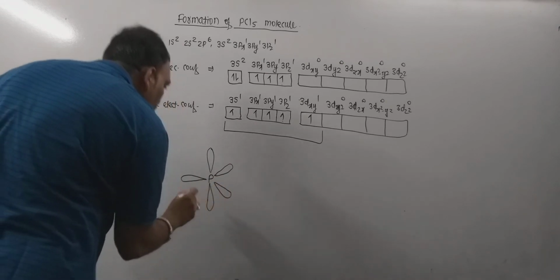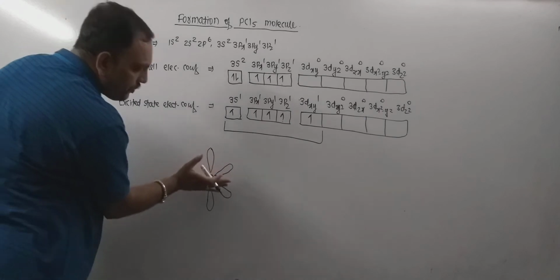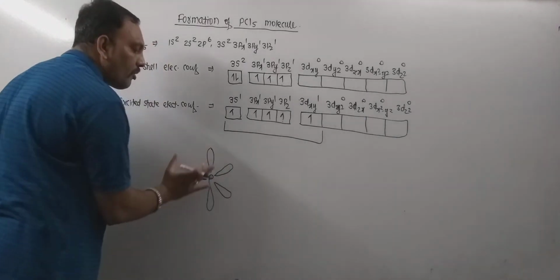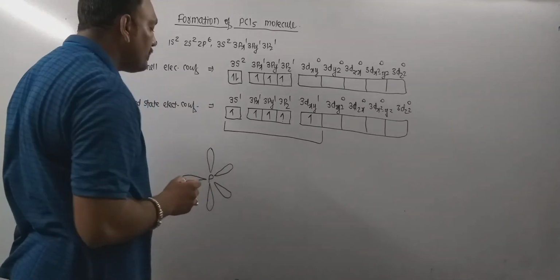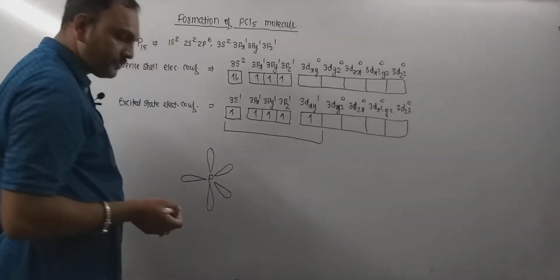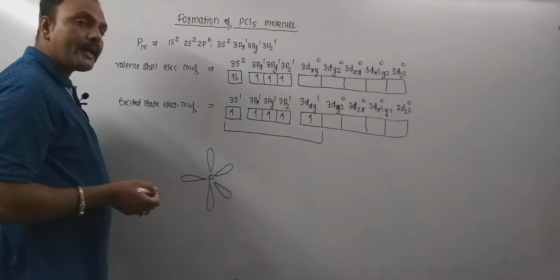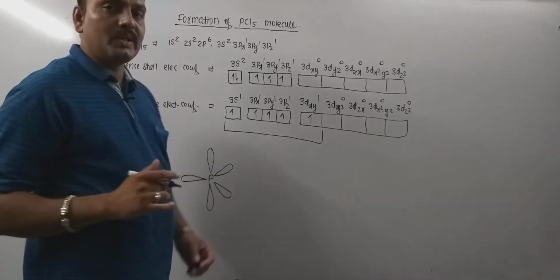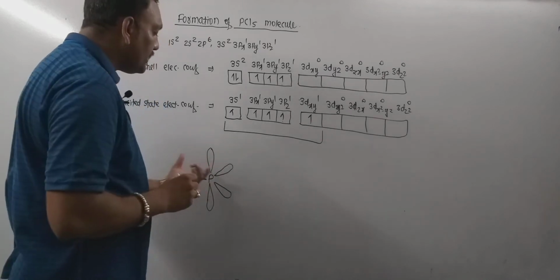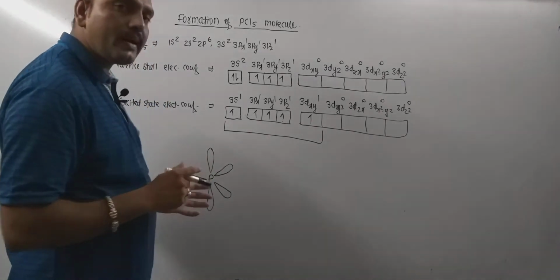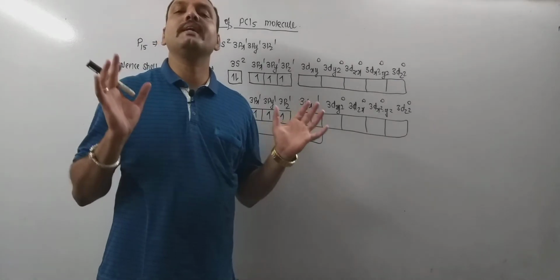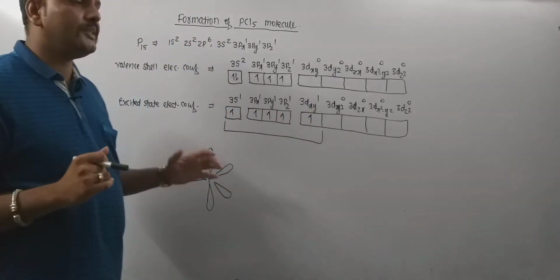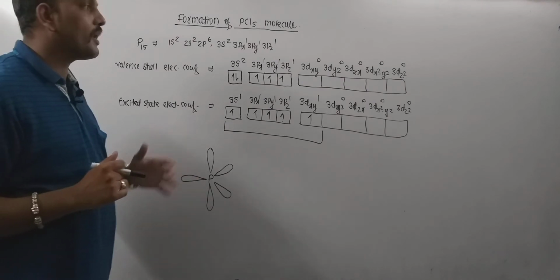One hybrid is above this plane and another hybrid is below this plane. These 2 hybrid orbitals experience more repulsion. Thus what happens? These 2, I mean the axial hybrids, are somewhat longer than the equatorial hybrids. And remember, each and every sp3d hybrid orbital possesses an unpaired electron, so these are able to overlap.